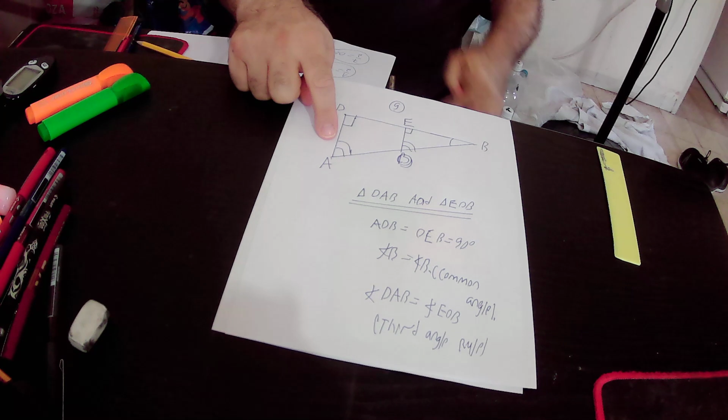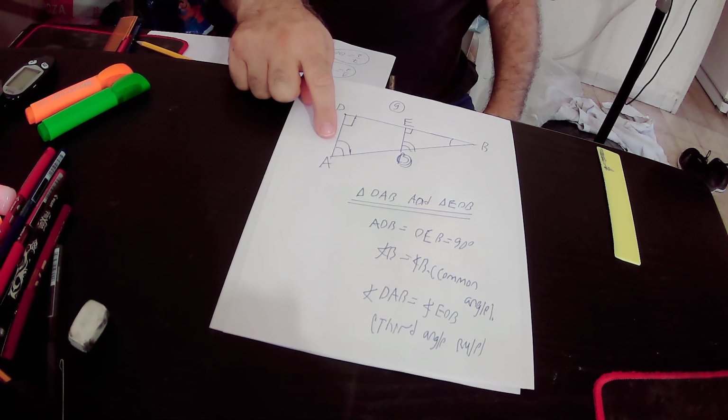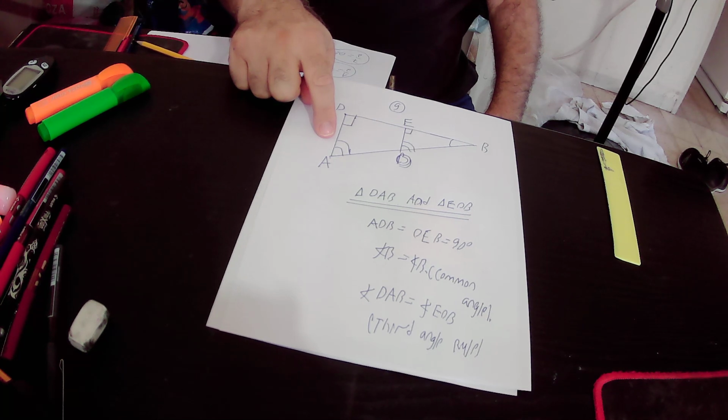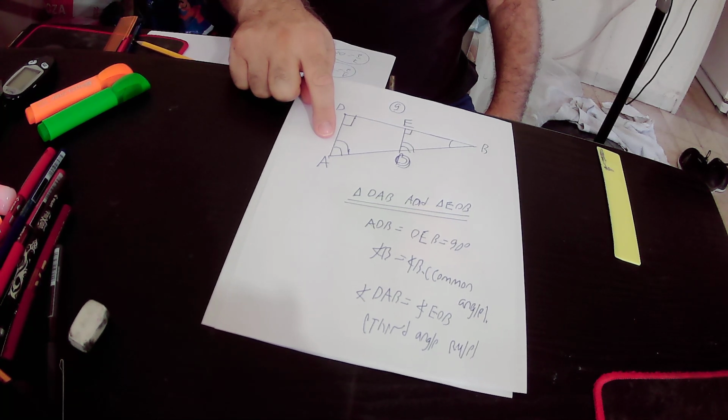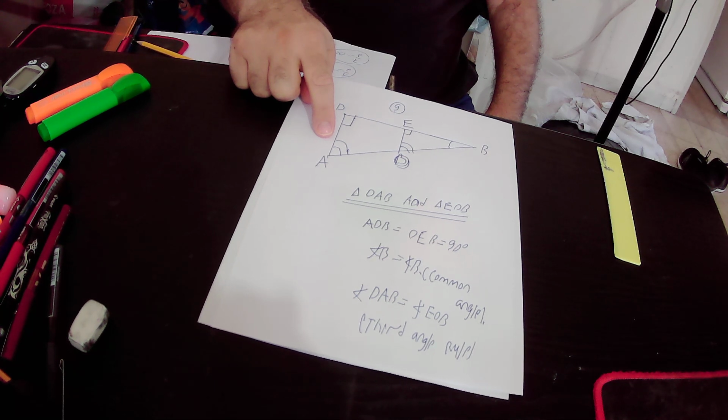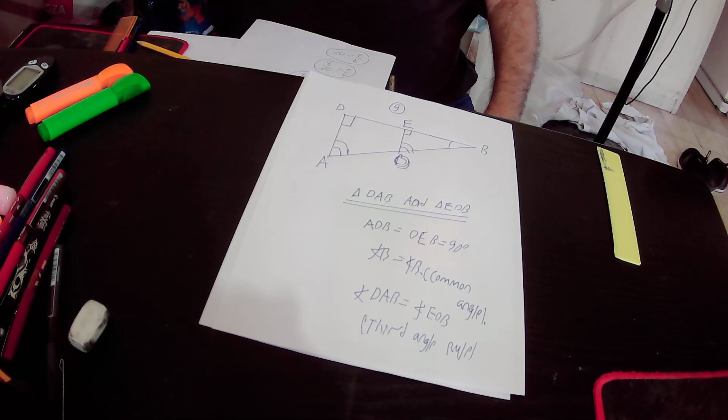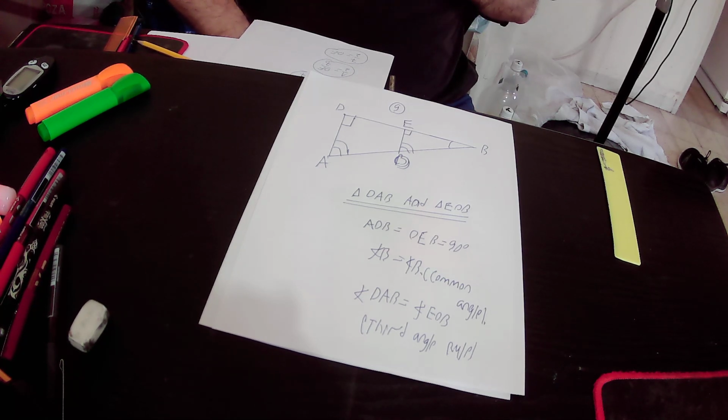The third angle theorem states that if two angles in triangles are equal to each other, then the third pair of angles must also be equal in the two triangles, because it is complementary to 180 degrees.